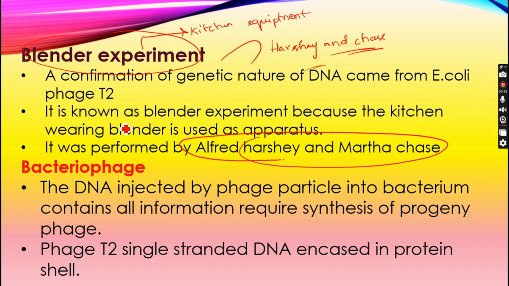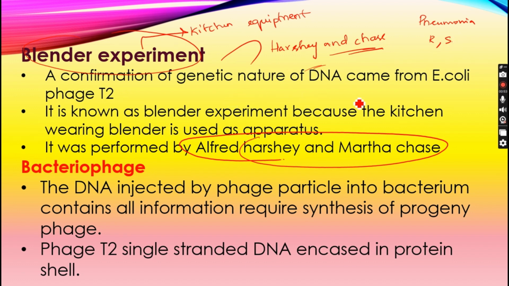The main principle in the Griffith and Oswald Avery, McLeod experiment was pneumonia-causing bacteria, that is R and S strain.